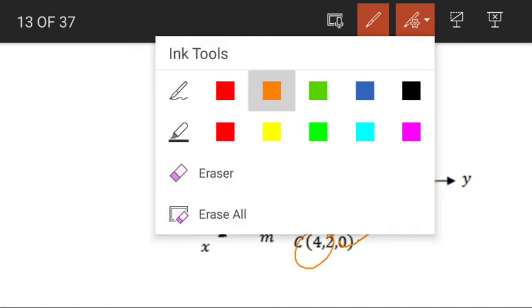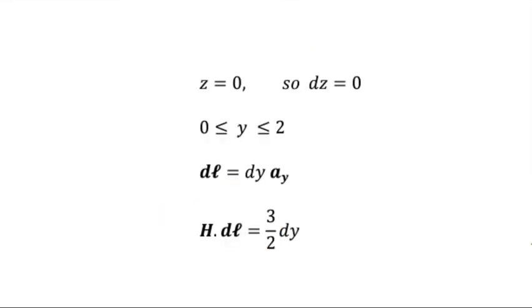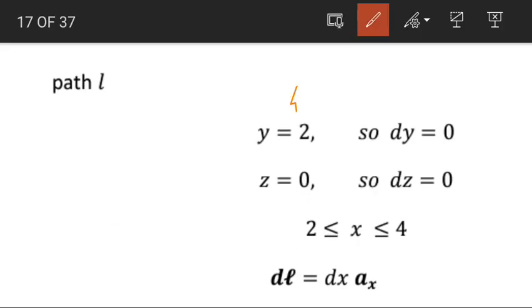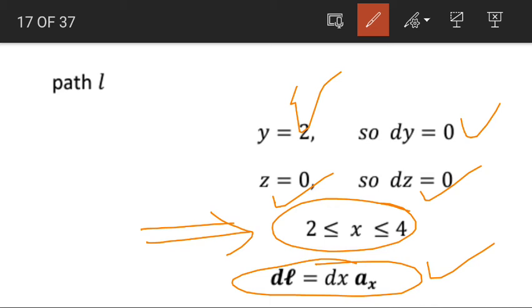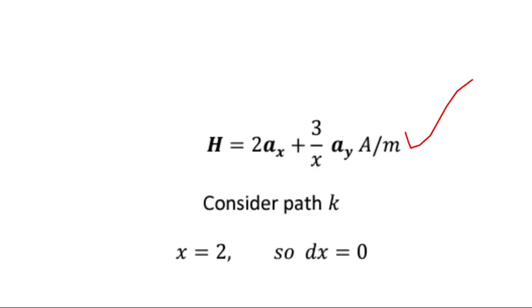So if we consider this straight path L, y along this path is 2, which is constant, so dy will be equal to 0. z along this path is 0, so dz will be equal to 0, and only x is changing from 2 to 4. So definitely the differential length vector will be equal to dx ax, and we calculate H dot dl. So dl is dx ax.